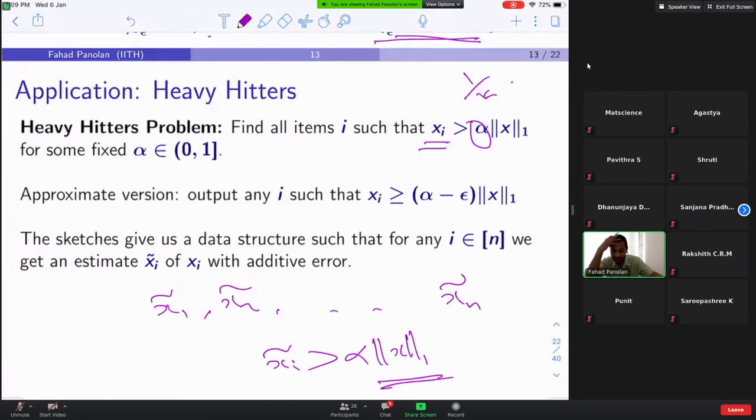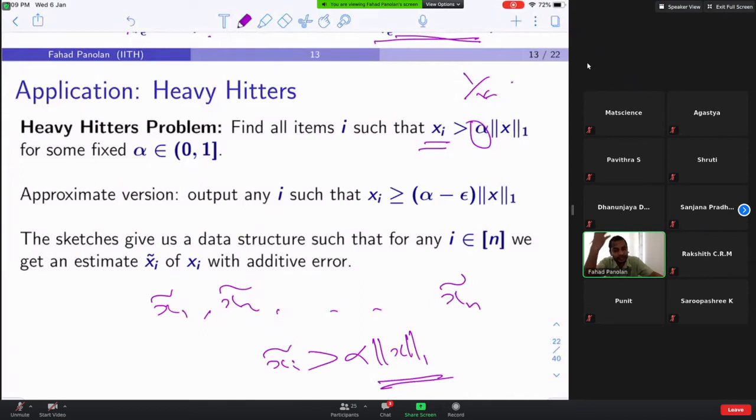So look for all xi tilde such that the value is greater than alpha times the L1 norm of x, where alpha is equal to 1 by k, and you output those.